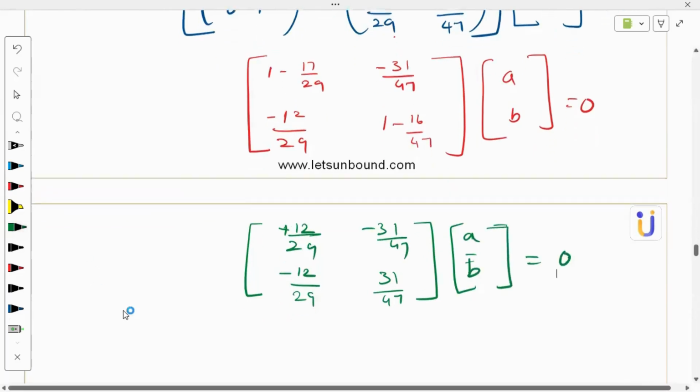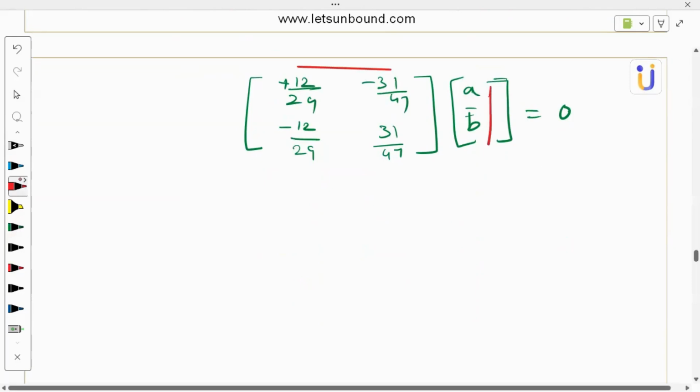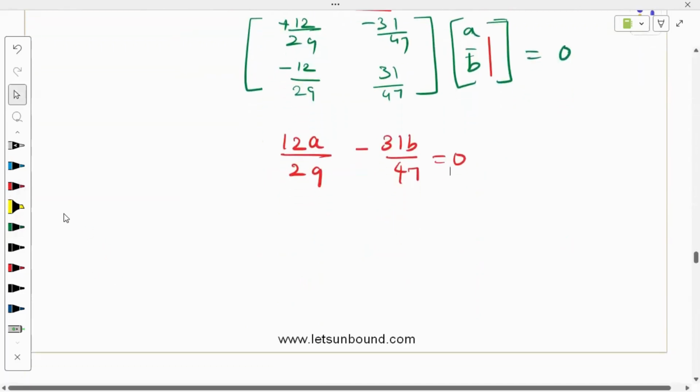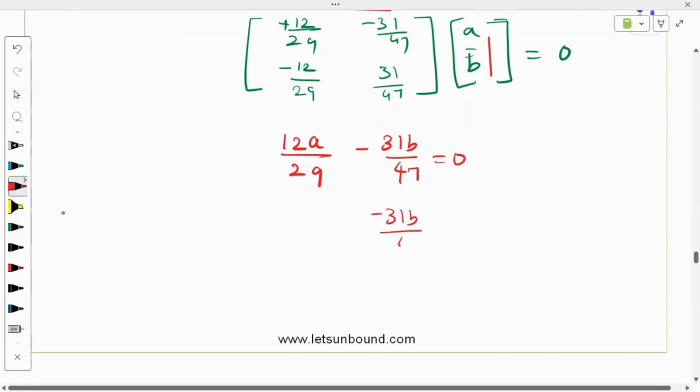equals 0. And you just take one row multiplication like we usually multiply, right? I want to express A in terms of B or B in terms of A. So 12A by 29 minus 31B by 47 equals 0. So let me express in terms of B. Minus 31B by 47 equals minus 12A by 29. Minus minus cancels, and my B is 12 by 29. This 31 by 47 will get reciprocated when we switch.